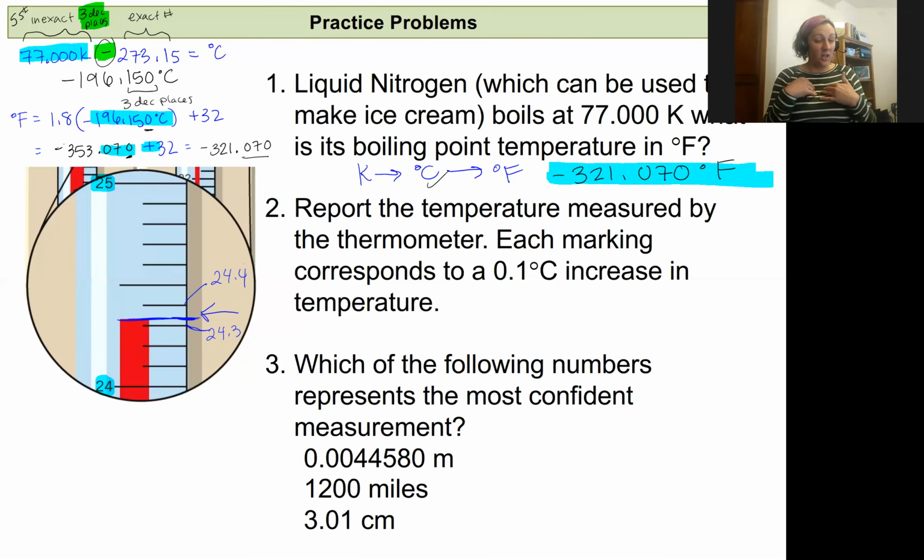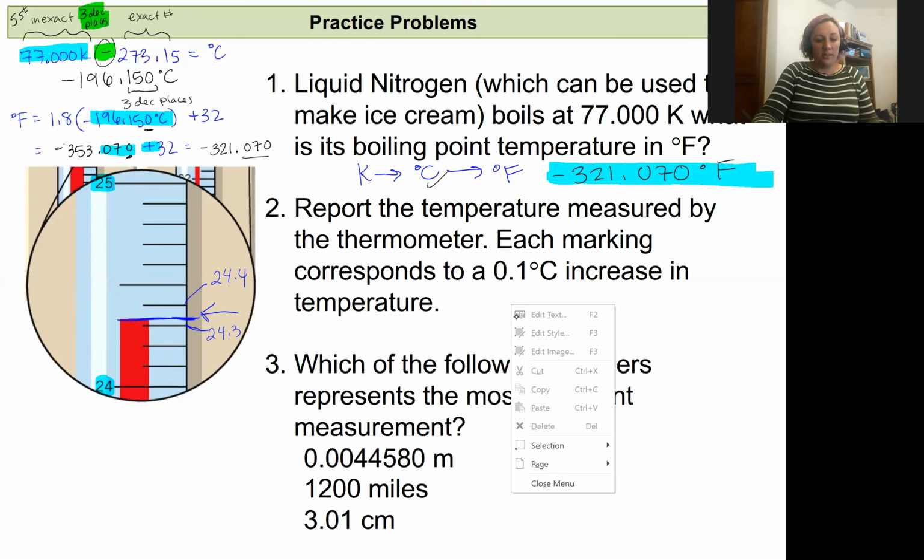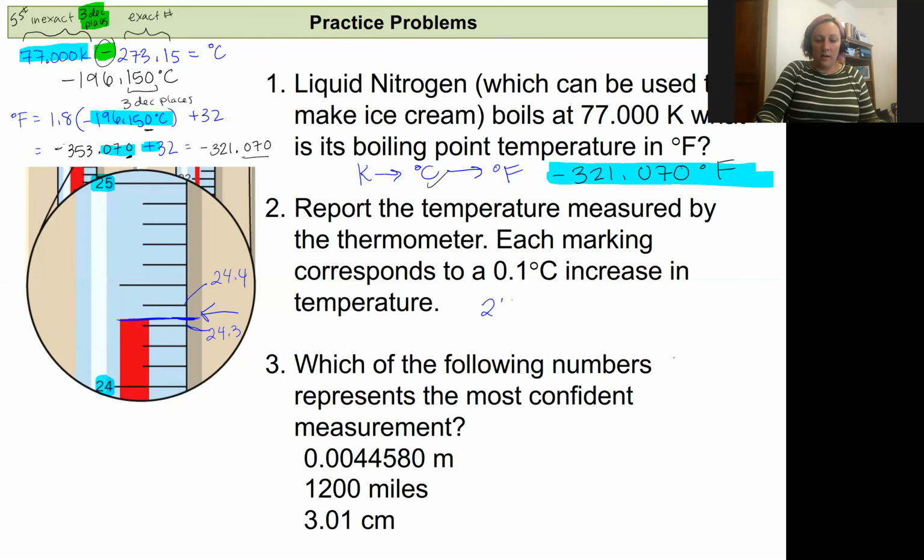So that's my job, to use my eyes and estimate it. And you might get a different number than me, and that's okay because there's a lot of uncertainty in me just estimating something I don't have a marking to compare it to. So I'm going to go ahead and estimate that this is, I know it's at least 24.3 because it's above the 24.3 marking. And I don't think it's quite halfway.